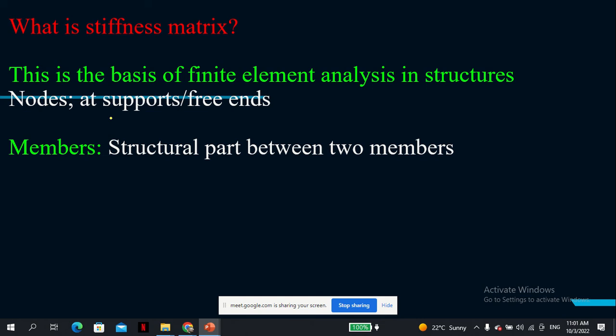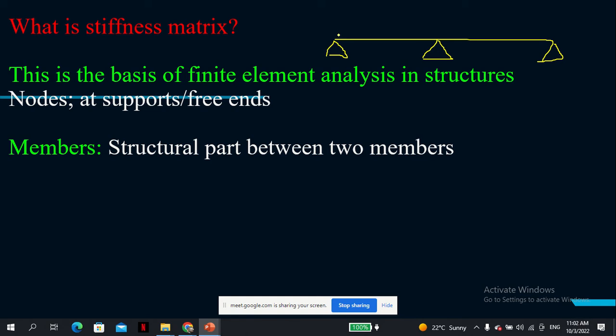What's important is to know what a node is. A node is basically some kind of boundary, normally denoted by supports or edges.